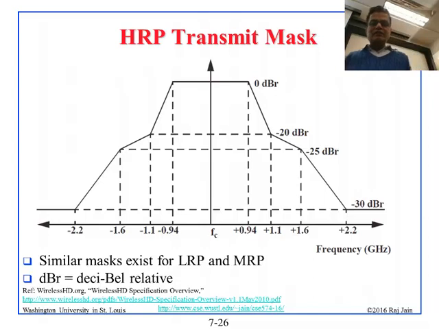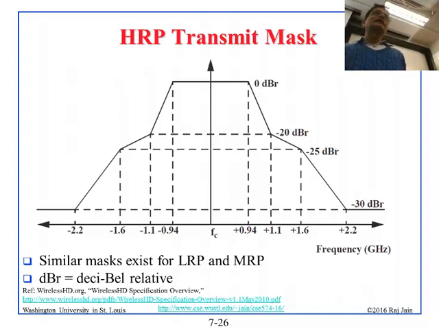So the transmit mask is somewhat clearer now. You have to read that paper, by the way. If you don't read this, you won't get the whole thing. But if you read that paper, then you will see this mask, and it might be clearer. The idea is that the power distribution is specified like this. When you design a device, it might be taken to a lab, and they will measure the power levels.